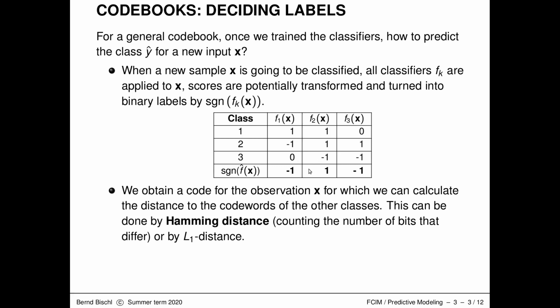If we compute the L1 distance and we have a +1 and a -1, that would be a distance of 2. But if we have a 0 and a 1, or a 0 and a -1, that would only be a distance of 1. So producing a completely wrong label produces a penalty of 2 points, but producing a wrong label for an omitted class in this encoded binary subproblem only produces a penalty of 1.